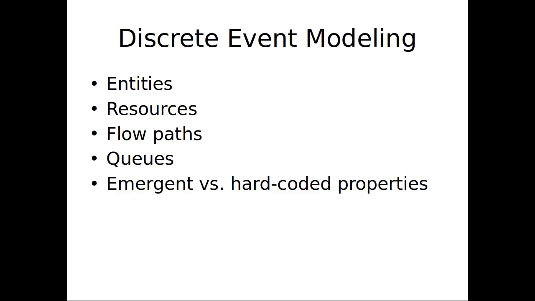Discrete event modeling, they're responsible for knowing. It characterizes structured work throughs. It characterizes situations where we have entities, kind of like agents, but often treated more passively, flowing through structured workflows, where their progress through those workflows is contingent upon availability of resources.